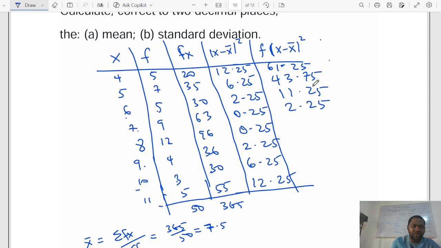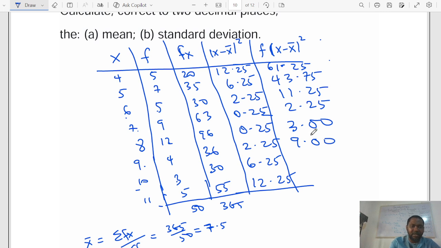The other one is 12 and 0.25. This is giving me 3.00. The other one is 4 and 2.25. This is giving me 9.00.